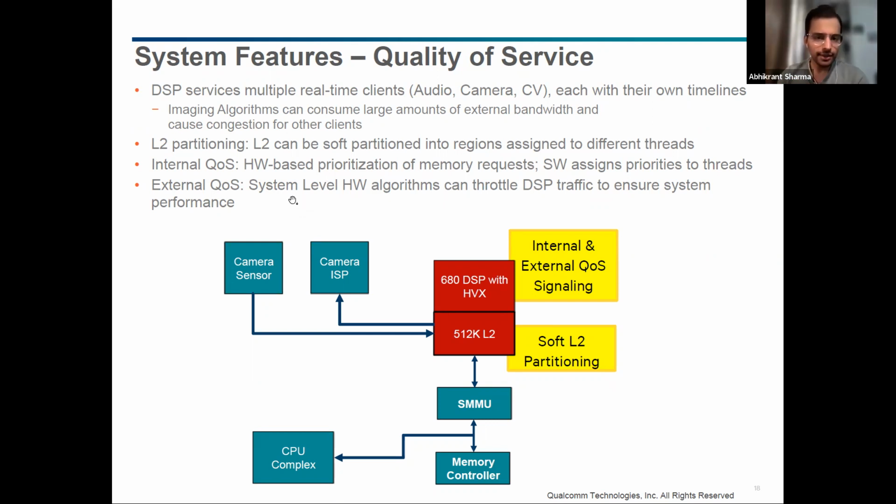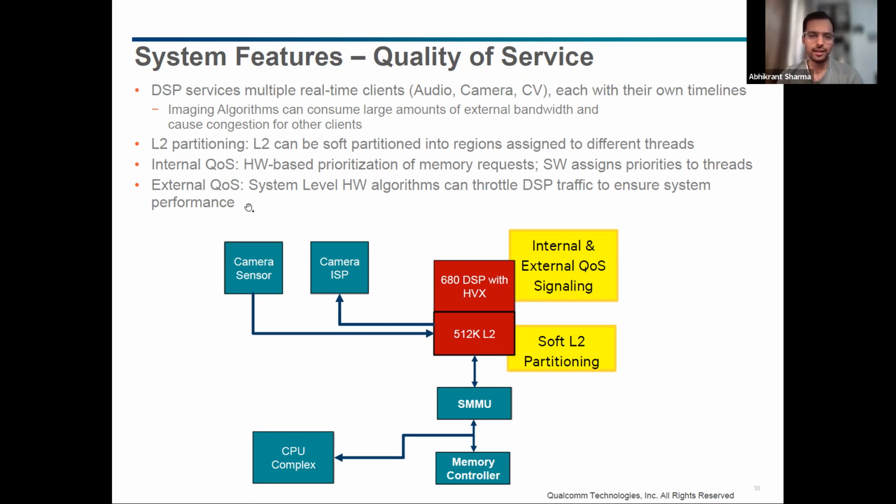And the external QoS means that the system level hardware algorithms can throttle the DSP traffic to ensure the system performance. Now, there can be times when the hardware is getting heated up because of a lot of processing.